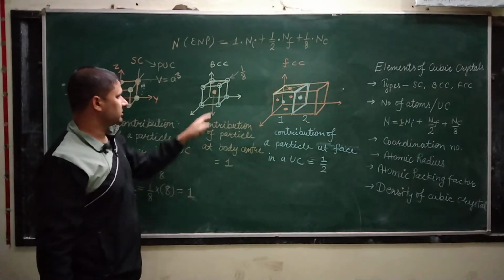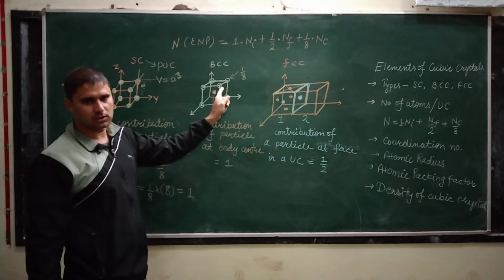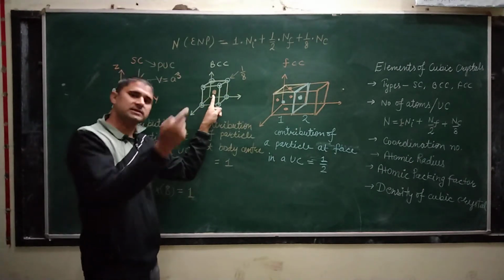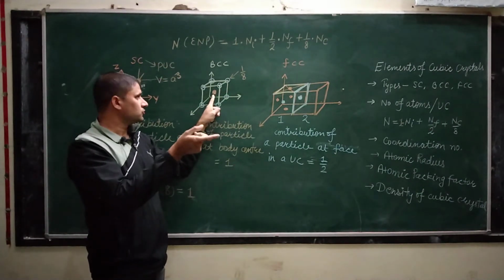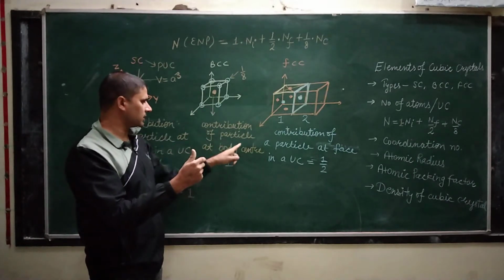Okay, now come to body centered cubic. In body centered cubic, 8 particles are present at the corners and 1 particle is inside the unit cell, at the center of the body.